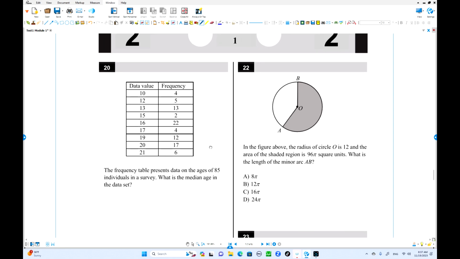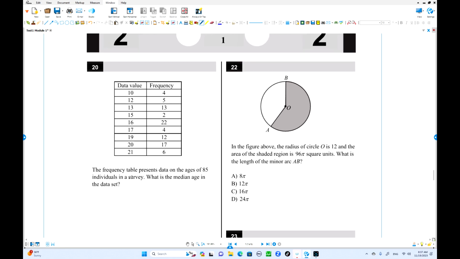Here is number 20. The frequency table presents 85 individuals. Okay, 85 is over here. Which one is in the middle? Because they're asking you to find the median age. The last one is 85, plus 1 is 86, divided by 2, the 43rd student.